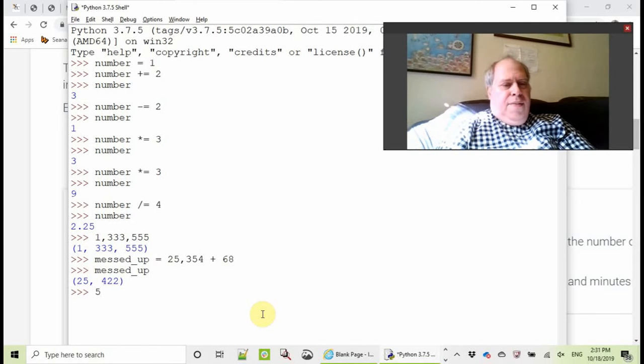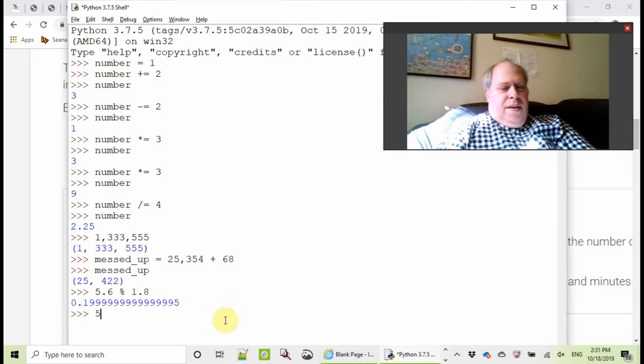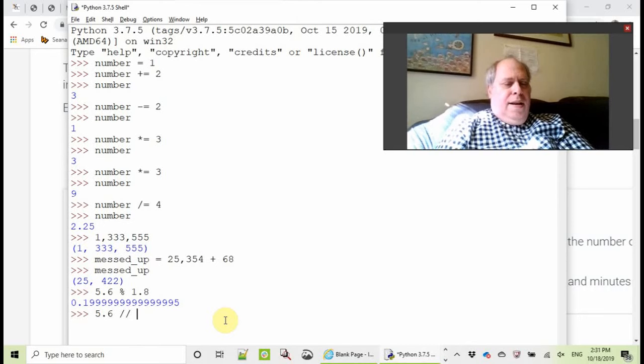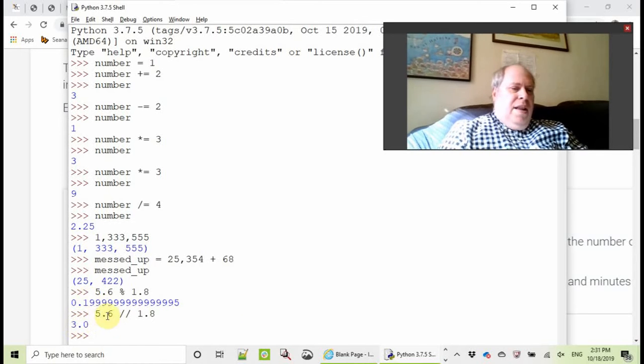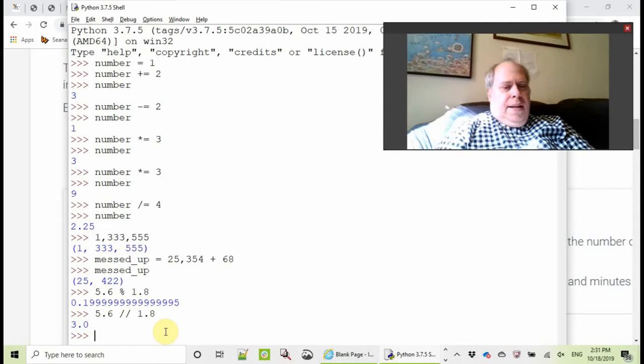What happens if I take 5.6 and get the remainder with 1.8? It gives 0.2. And if we take 5.6 divided by 1.8 with integer division, we get 3.0. So it doesn't always return an integer. If you take two floating points, it returns an integer, but it's a floating point integer, 3. So why does that work?